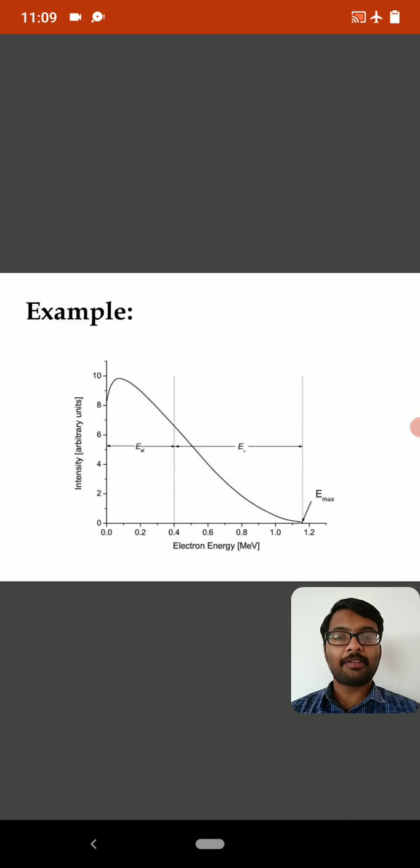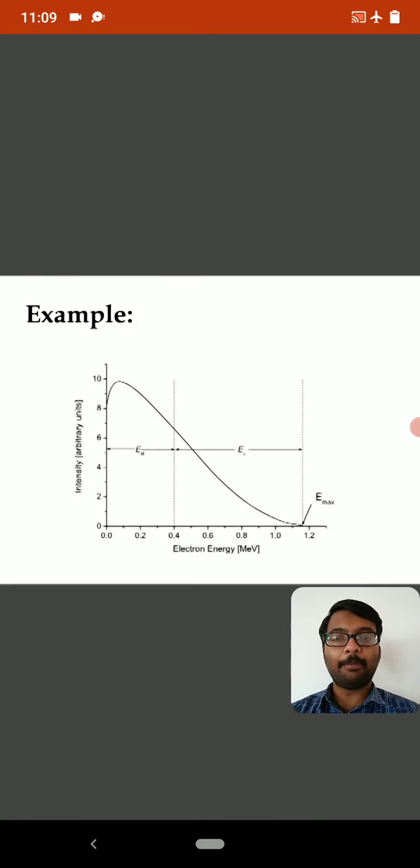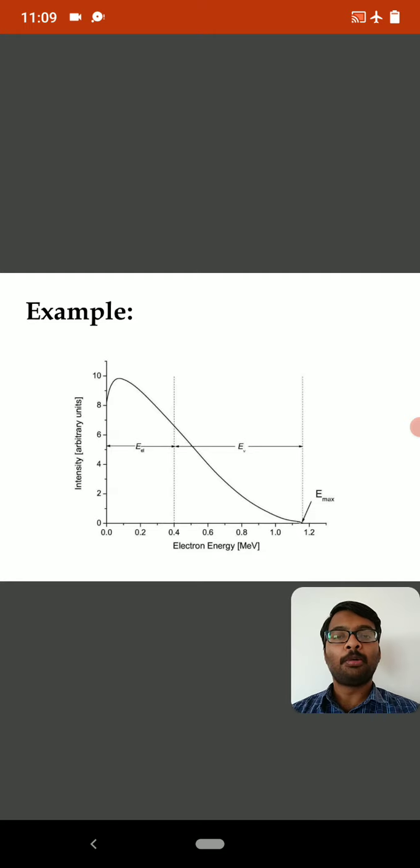The reason is that the emitted beta particle does not carry the total energy released in that process. So there is a part of missing energy, and that missing energy is carried by elementary particles such as neutrinos or antineutrinos.